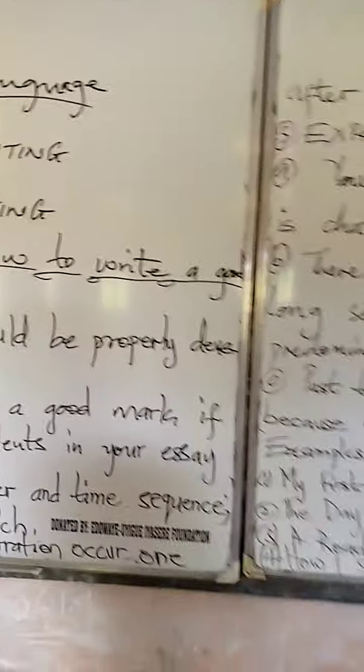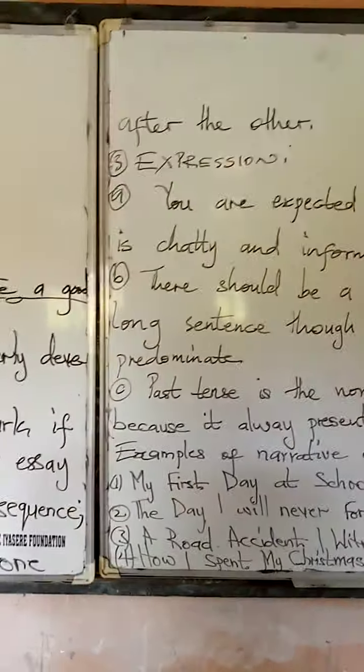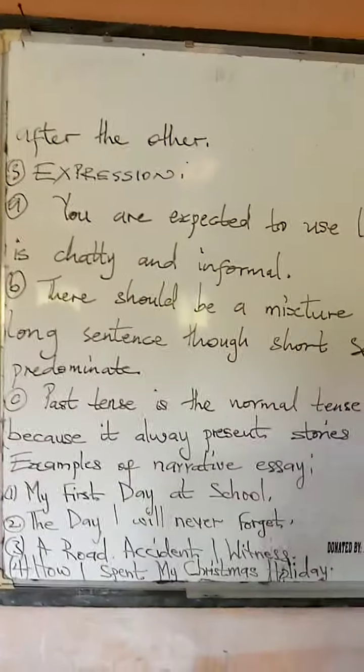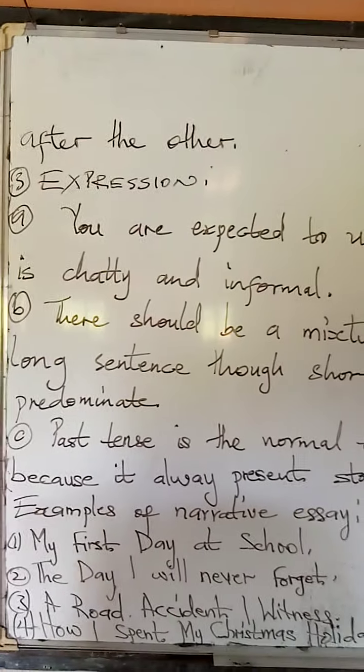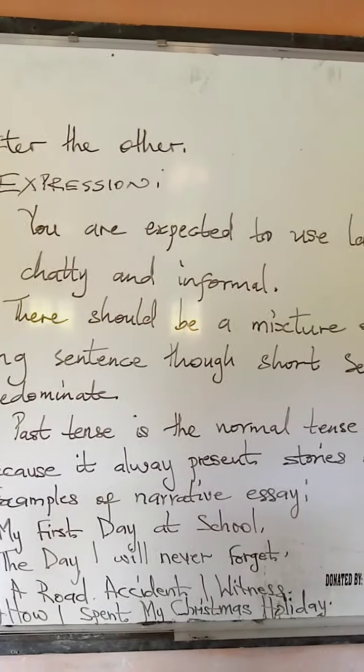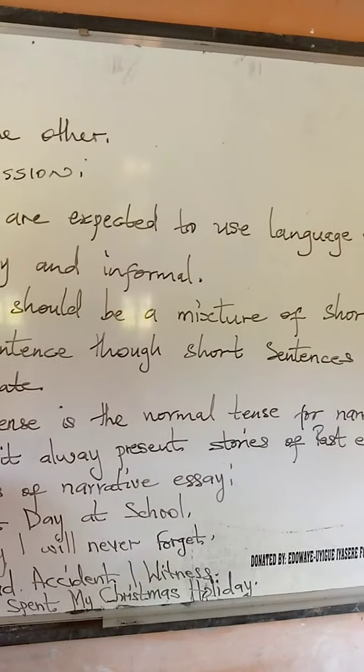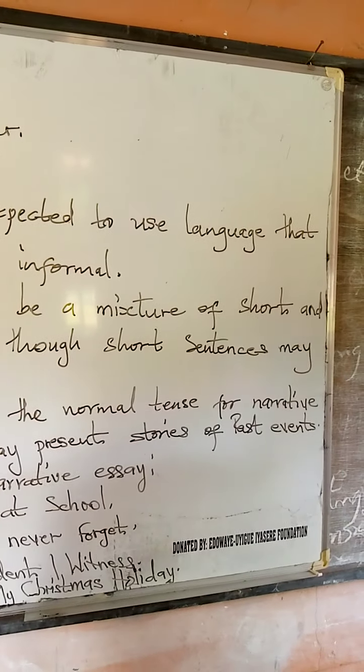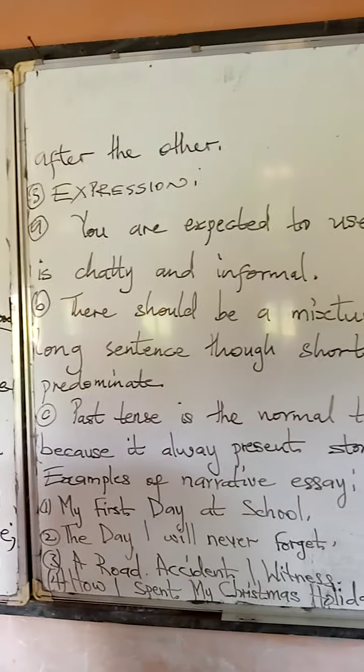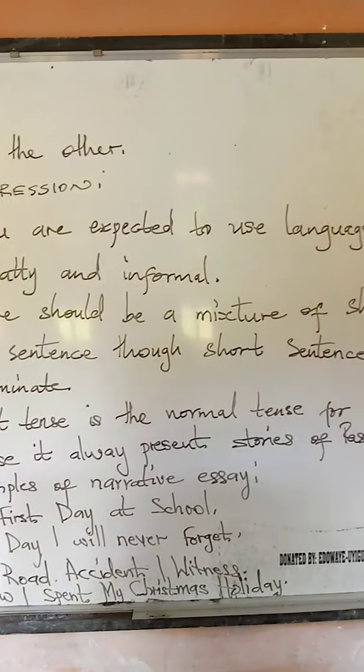The third part of the useful hints on narrative essay is expression. This has a lot to do. It carries the weightier aspect of your marks. You are expected to use language that is friendly and informal.